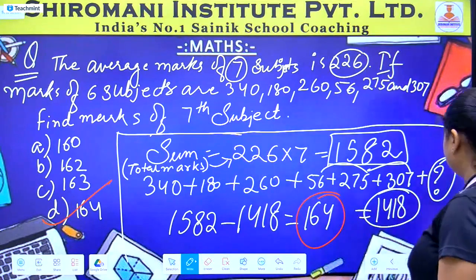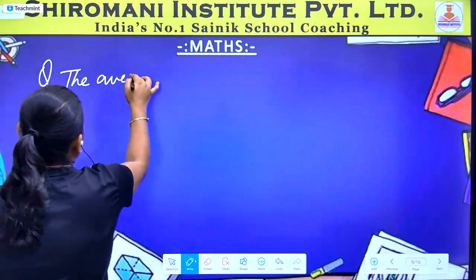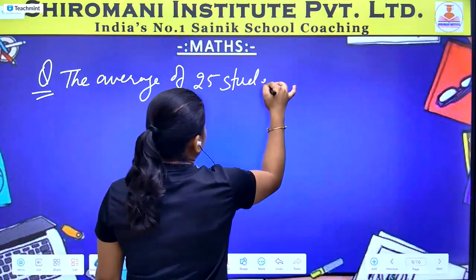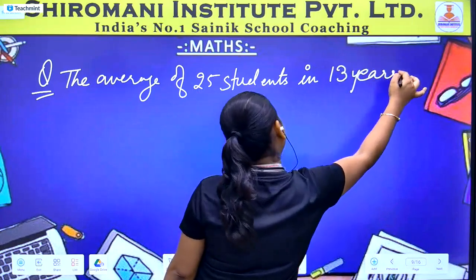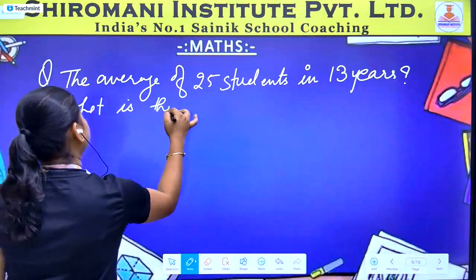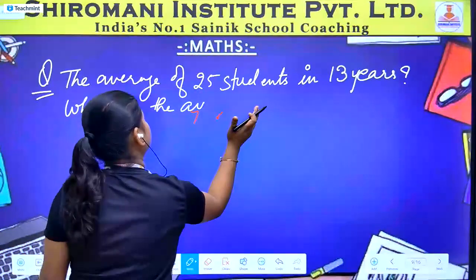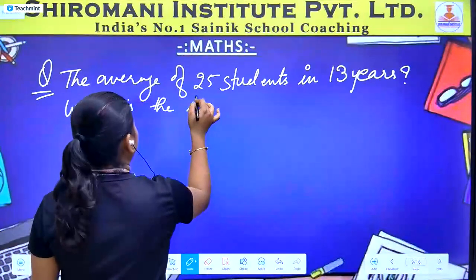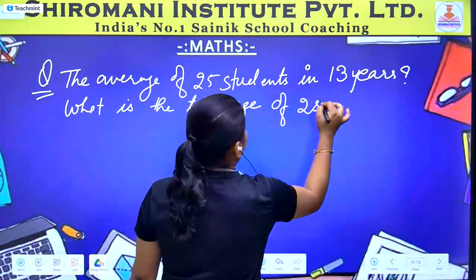Okay, I have one more question for you. The average age of 25 students is 13 years. What is the total age of 25 students?